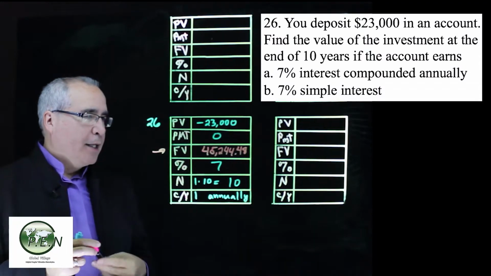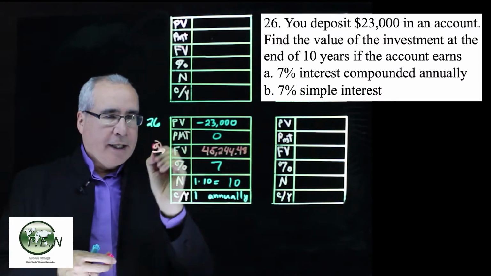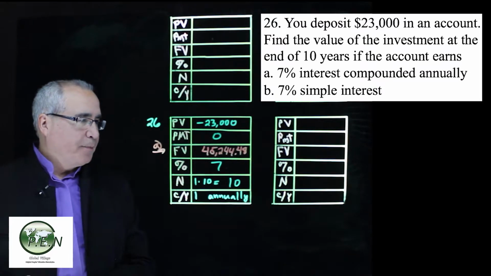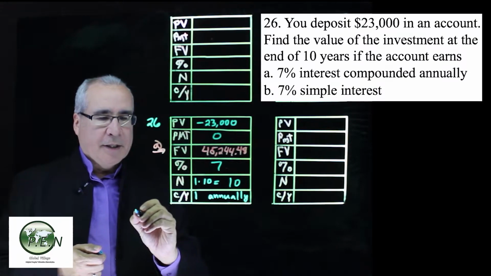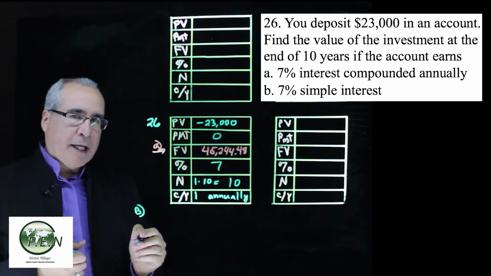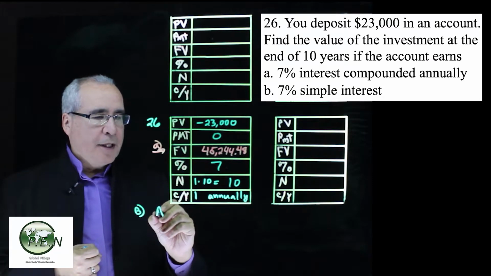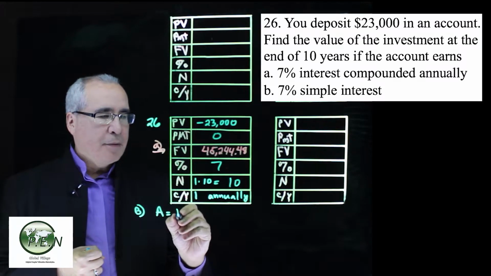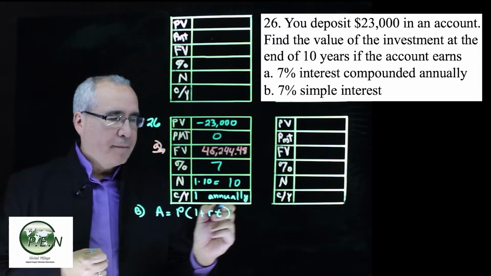Okay. Now, that's the answer to the A question. The B question is asking us about simple interest. So we come back to our formula that the accumulated value is equal to the principal times 1 plus the rate times the time.